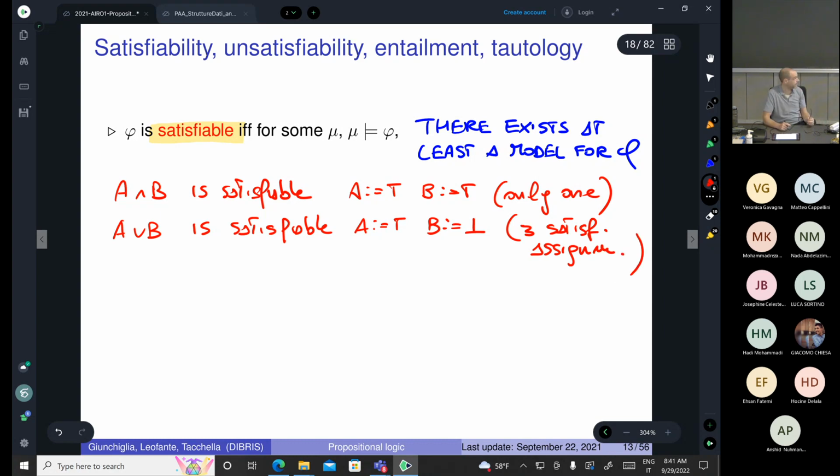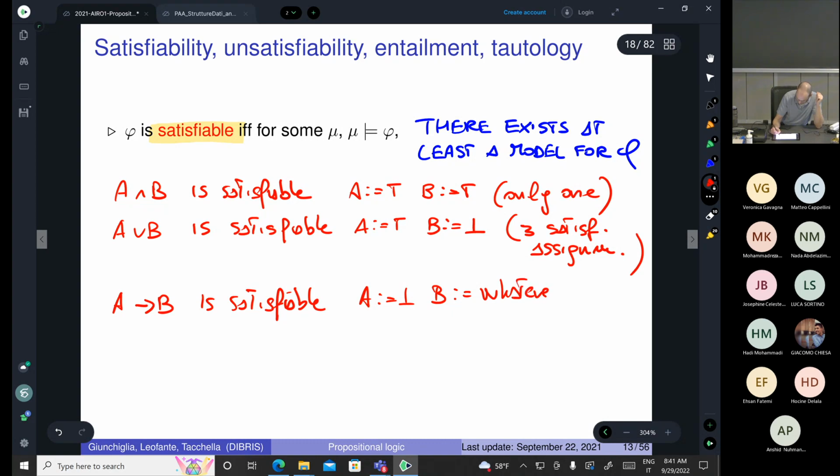In the case of A or B, there are three satisfying assignments, if you remember: every one except when you assign both of them to false, and so on. For instance, A implies B is satisfiable. For instance, if you put A to false, B can be whatever.